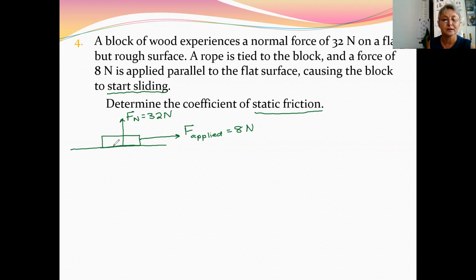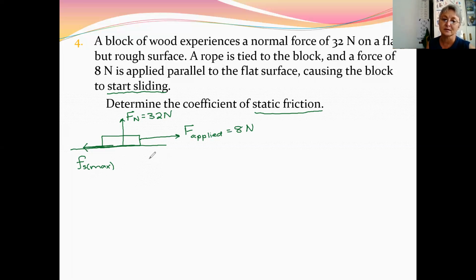There is friction, and this friction would be opposing the motion, and it's just starting to move. So that would be the maximum static friction.